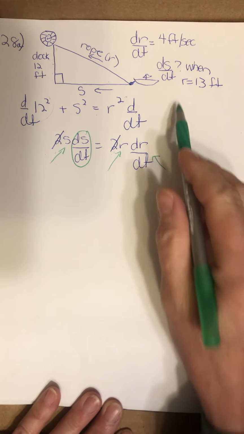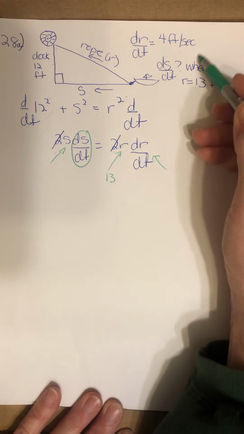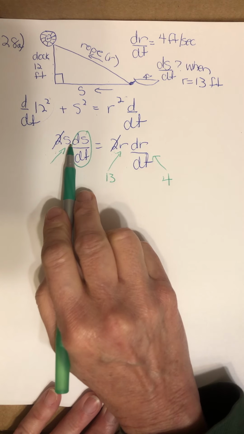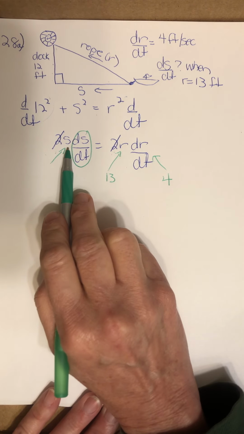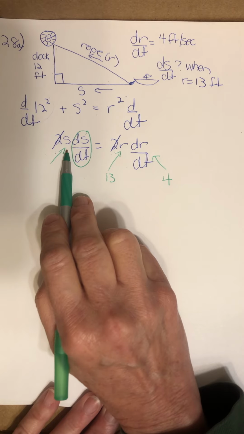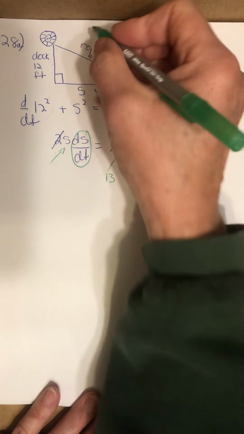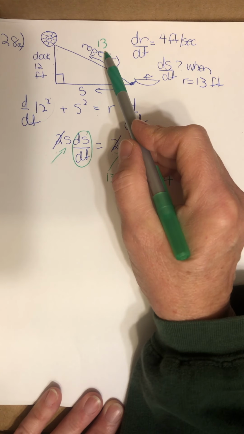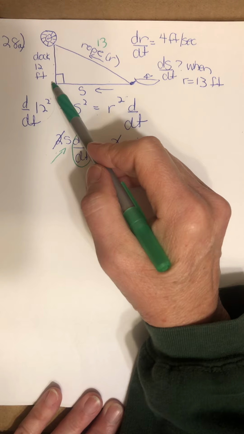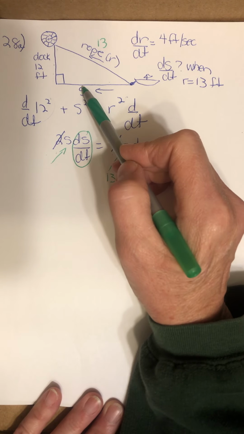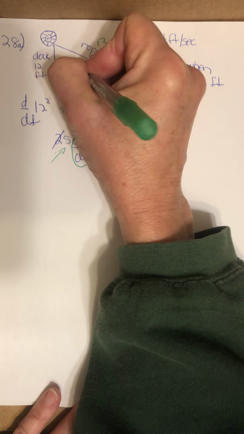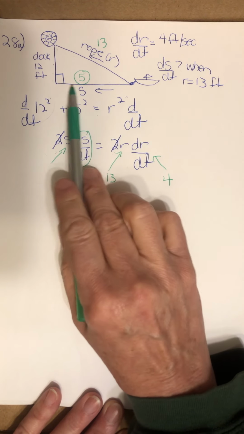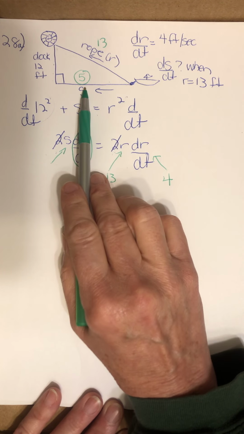Now notice we have the r, they said that's 13 feet, and we do have dr/dt, that's 4 feet. But it feels like we don't have the s, but we actually do have the s, because at the moment, let's go to our picture, at the moment that the rope is 13, so the hypotenuse is 13, and this vertical side is 12, using the Pythagorean theorem, we could quickly figure out that when the rope is 13 feet out, that would make the base of this right triangle 5.